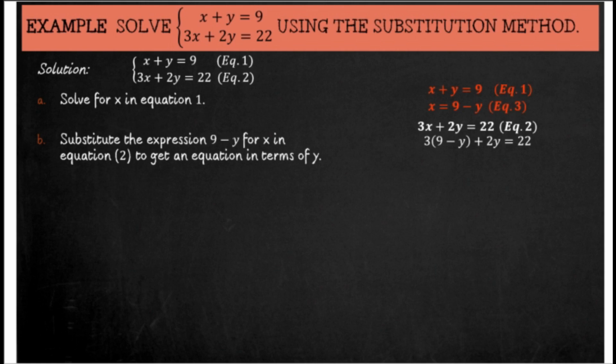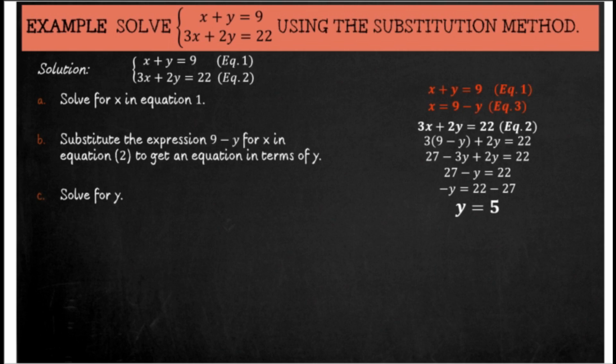Then distribute 3 to 9 minus y. We have 27 minus 3y plus 2y equals 22. Then solve for y. 27 minus y equals 22. Negative y equals 22 minus 27.